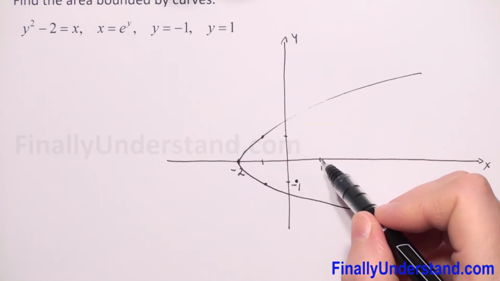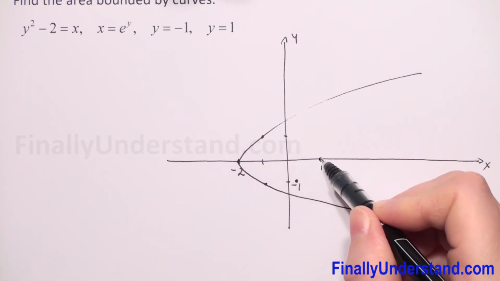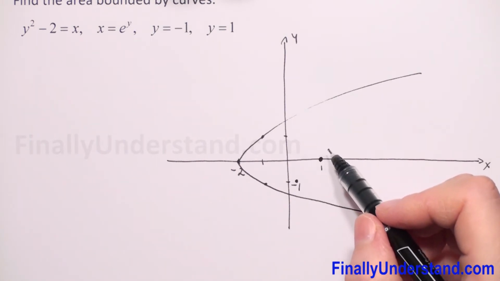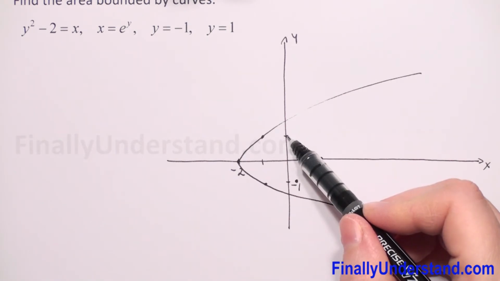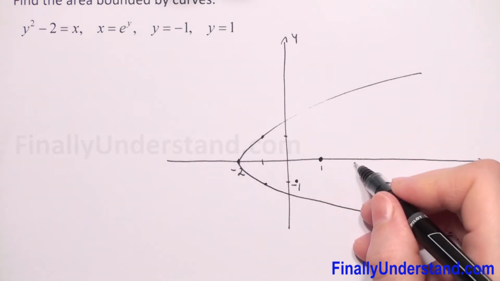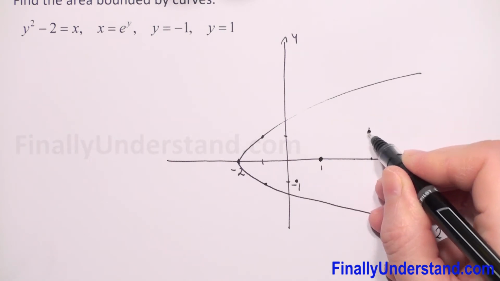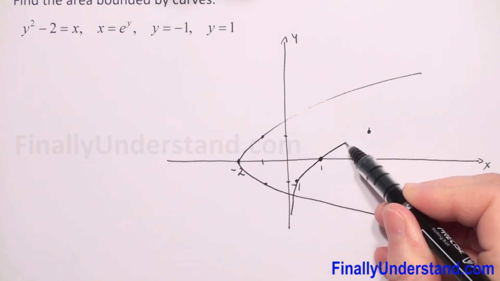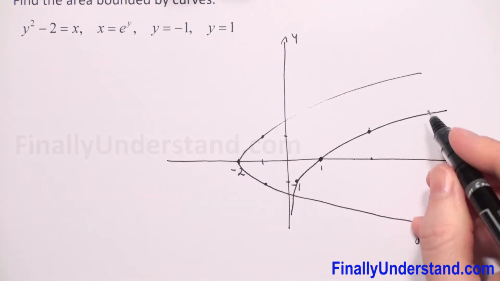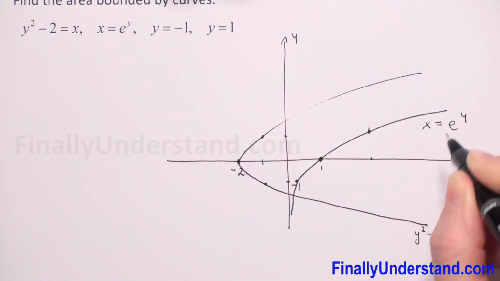For y equals 0, the value will be 1. And for y equals 1, we will have e to the power 1, so it's 2.7 something, so it's approximately here. This is our exponential function, x equals e to the power y.